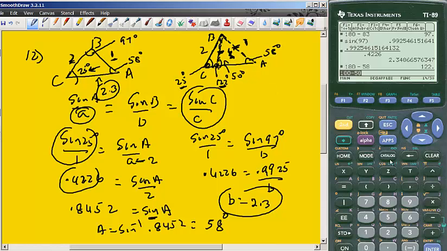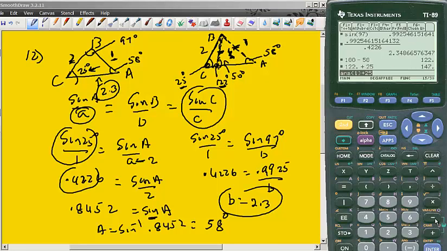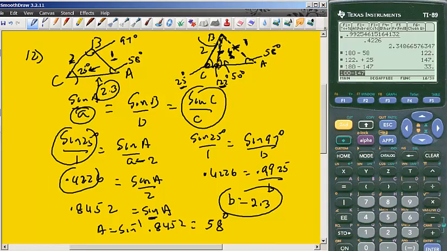When I add 122 plus 25, I have less than 180 degrees. I have 147. When I subtract 180 minus 147, what's left is 33 degrees. So I could have a second triangle, and that angle is 33 degrees.